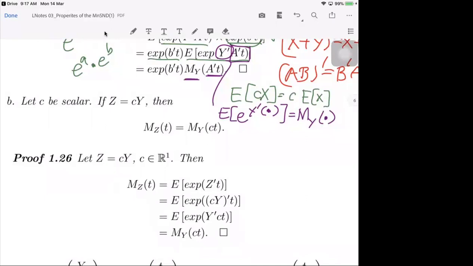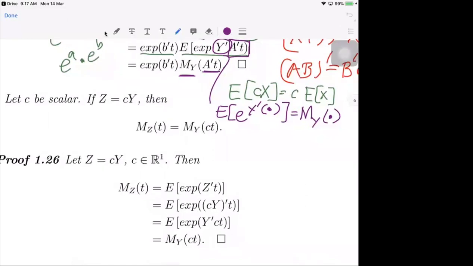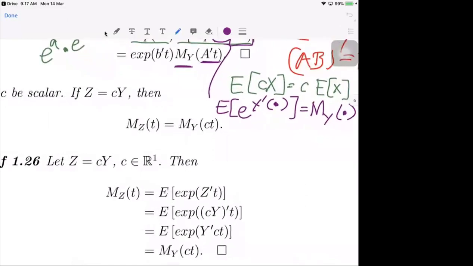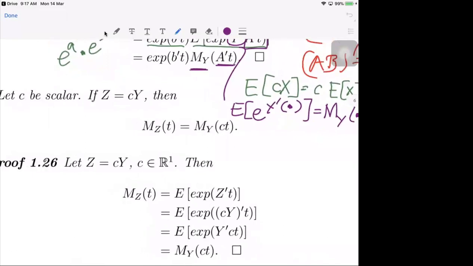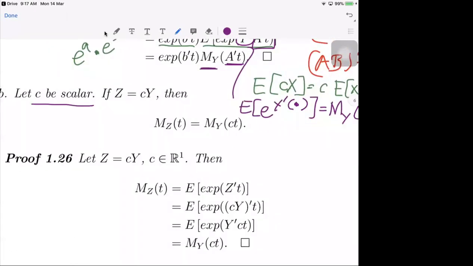Okay. Next, another transformation that we are going to do on Y is we have a scalar c and we transform Y into Z, which is the product of c times Y. So again, your Y has a moment generating function denoted by M_Y at t.